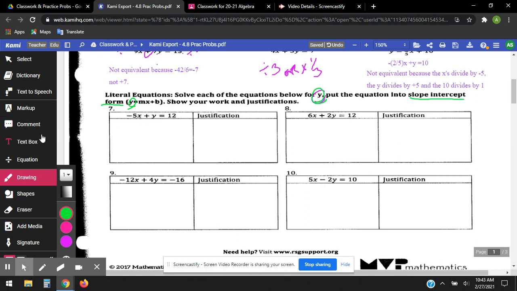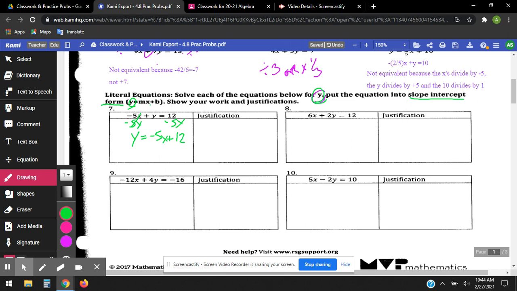So for this, first step, I need to subtract 5. Let's see if I can write small enough for this one. I want to move all of the 5x, minus 5x. Those cancel. Y equals, and I want it in mx plus b form. So negative 5x plus 12. So I need the x's first.